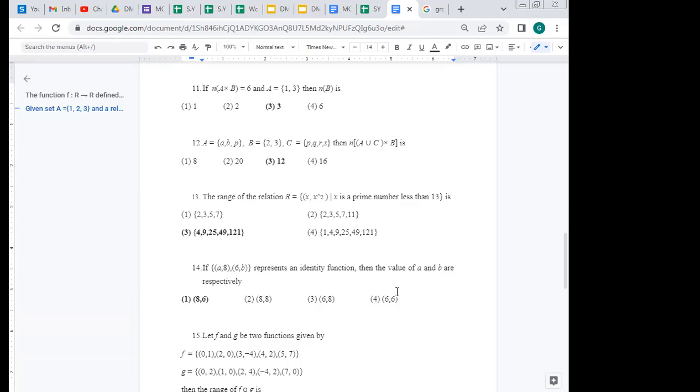Okay. Now the next question. A equal to {a, b, p}, B equal to {2, 3}, C equals to {p, q, r, s}. Then n of (A union C) cross B, what will it be? 12.